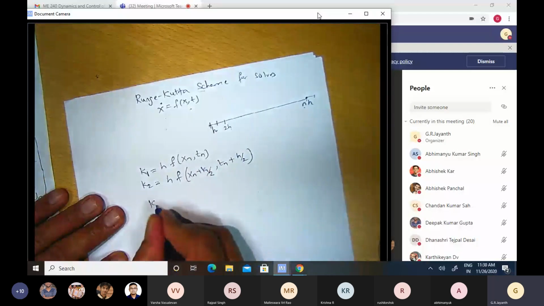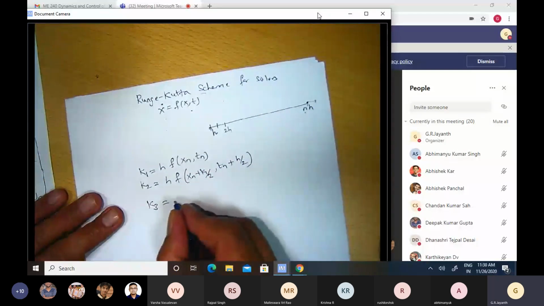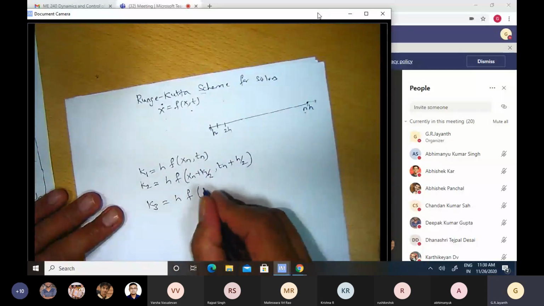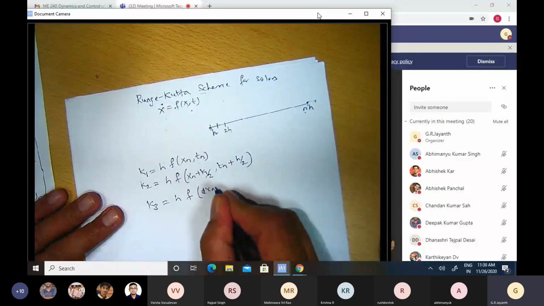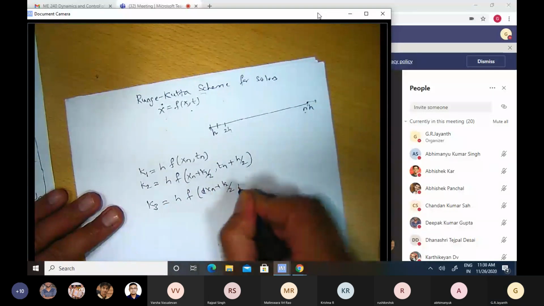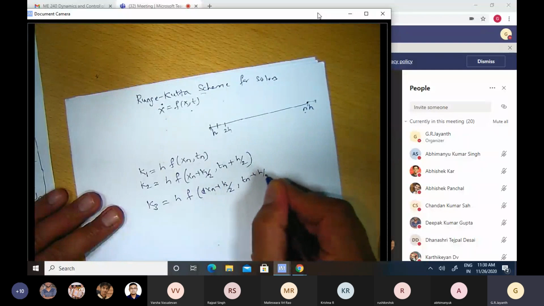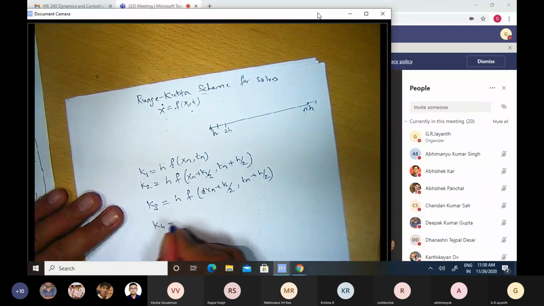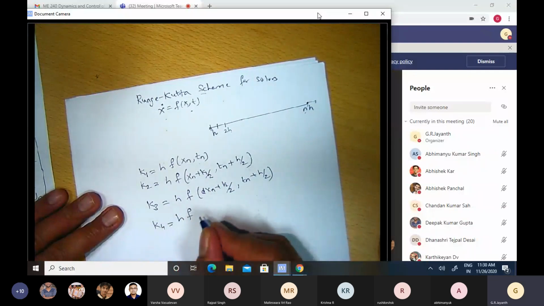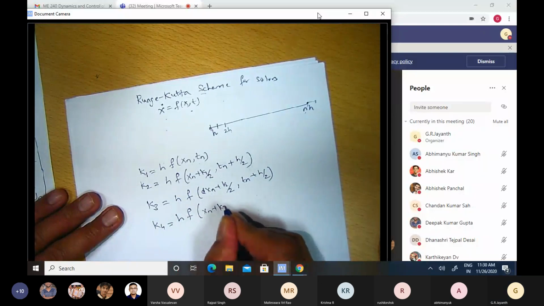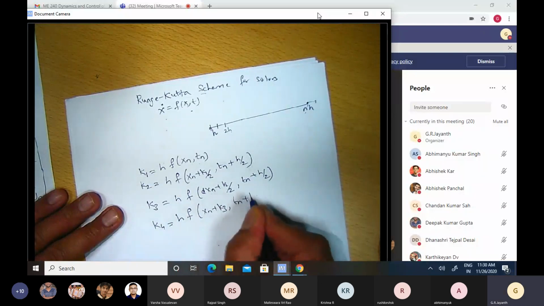Then another term K3 equal to h times f of xn plus k2 by 2, tn plus h by 2. Then K4, another term, h times f of xn plus k3 comma tn plus h.